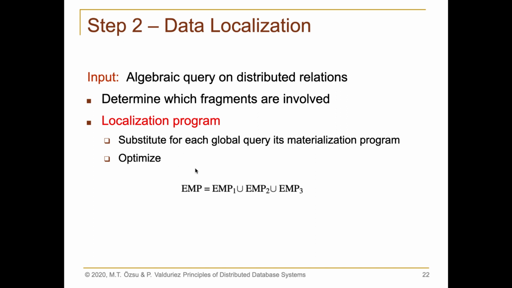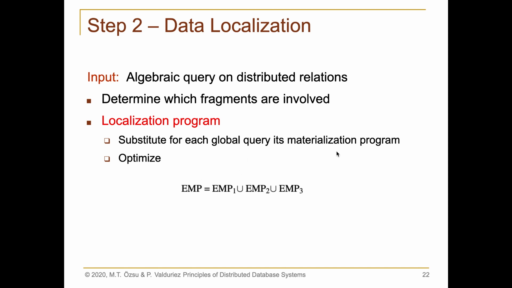For instance, let's say we have a query that accesses relation employee, and from the fragment schema, we know relation emp is further fragmented into employee 1, employee 2, and emp 3, and distributed over the network. So the data localization component of distributed query processing always replaces relation employee by the union of all of the fragments of this relation.